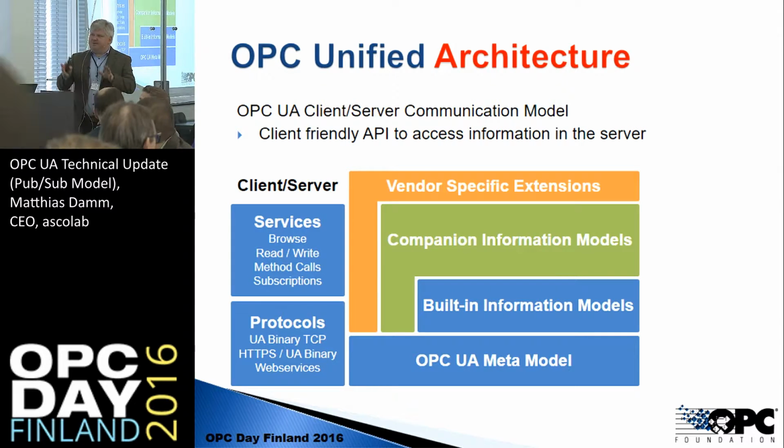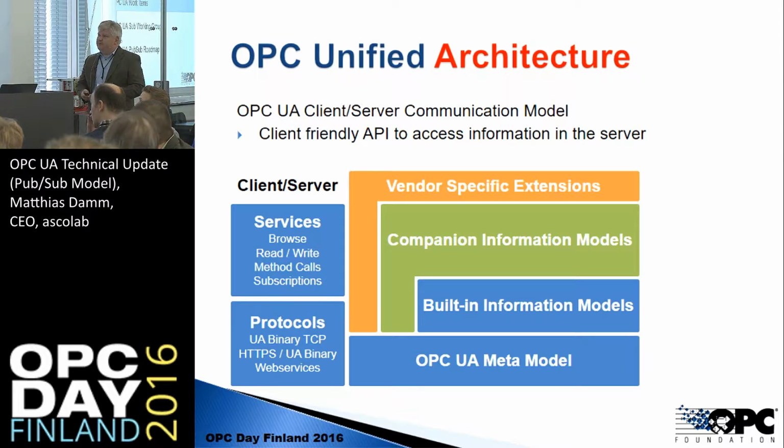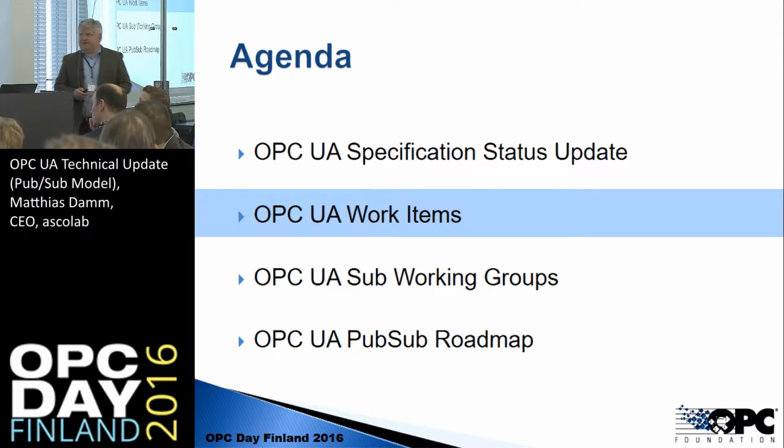So the whole information modeling capabilities and the services stay stable, and maybe we add new protocols over time. But that's just in the lower levels of the communication stacks. We will come back to that picture later, because that's one of the things we're working on to extend.